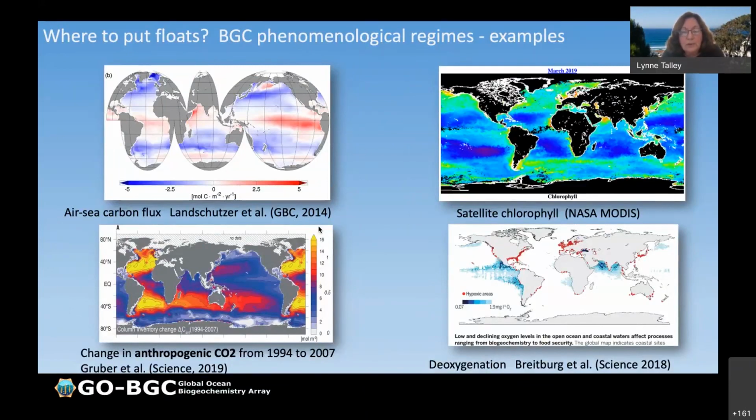Looking at what's below the satellite measurement of chlorophyll, satellite ocean color measurements. Looking for what's happening in deoxygenation regions that we know about. These are our global patterns, and so this motivates our having a global array, and we want to make sure we get floats in each of those stories.